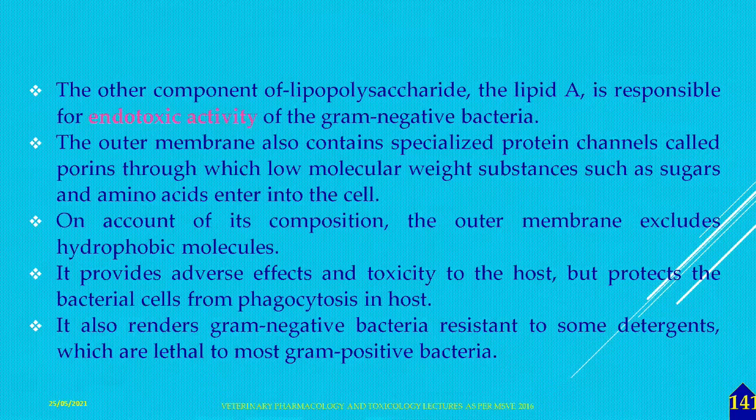So we have seen in that particular structure through which low molecular weight substances such as sugars and amino acids enter the cell. On account of its composition, the outer membrane excludes the hydrophobic molecules. So hydrophobic or lipophilic molecules they exclude.